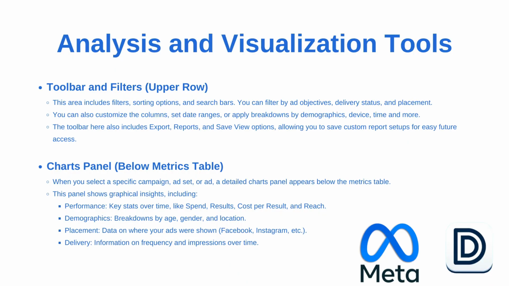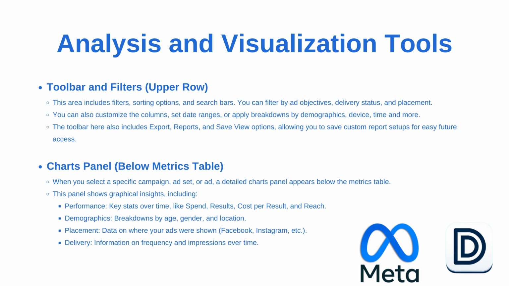So next, let's cover the analysis and visualization tool. For analysis, we see the toolbar and filters section in the upper row. This area includes filters, sorting options, and a search bar. You can filter by ad objectives, delivery status, and placement. You can customize the columns, set date ranges, or apply breakdowns by demographics, device, day, and more.